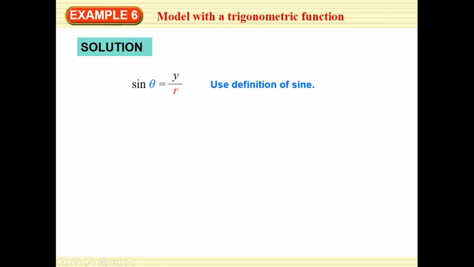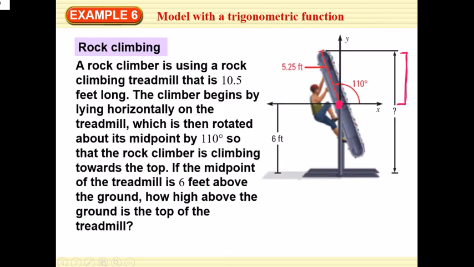So we're going to be using sine here. The reason we are using sine is because if you draw this triangle back to the horizontal axis from this point at the end, what we want is this y value.